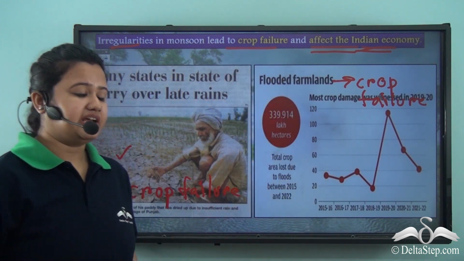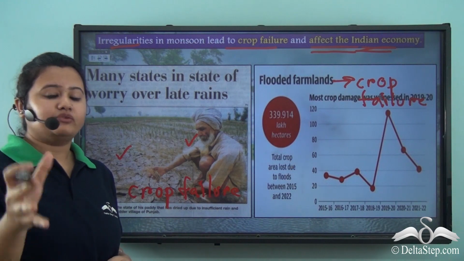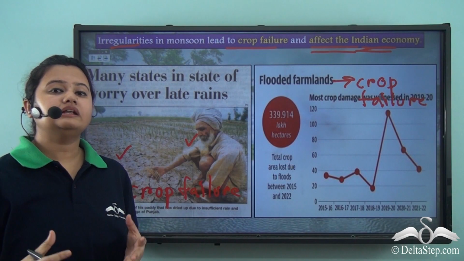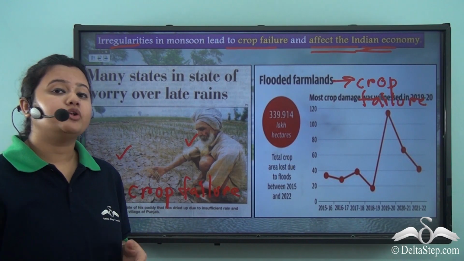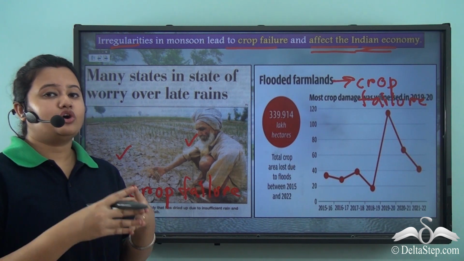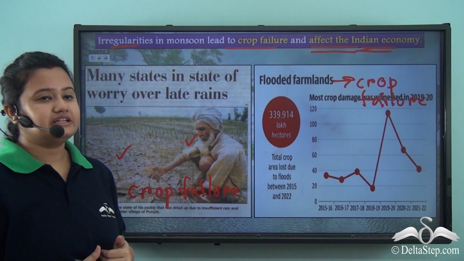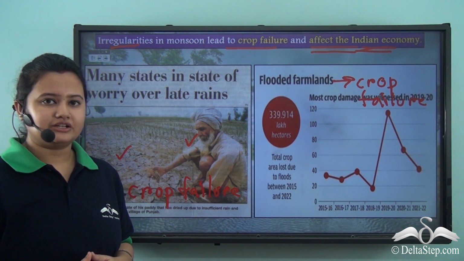It mostly affects the poor peasants whose primary occupation is agriculture. Thus, we learn that irregularities or abnormalities in monsoon directly affects productivity of crops, and it also negatively affects the Indian economy by hampering agriculture.